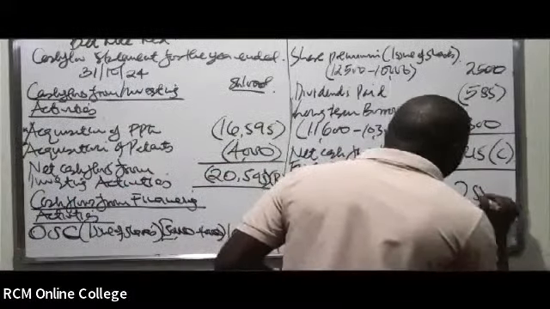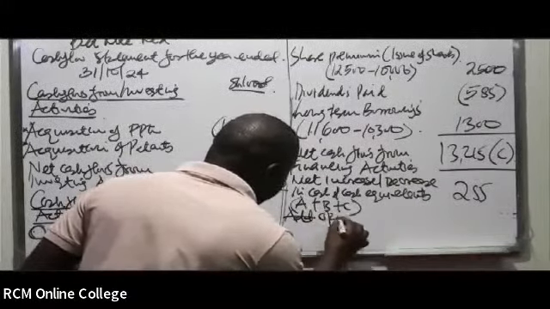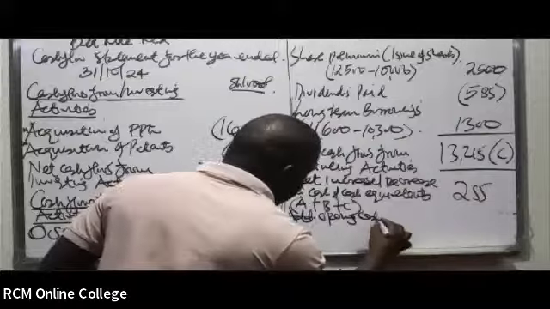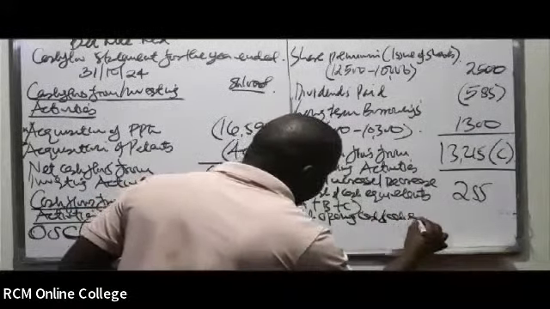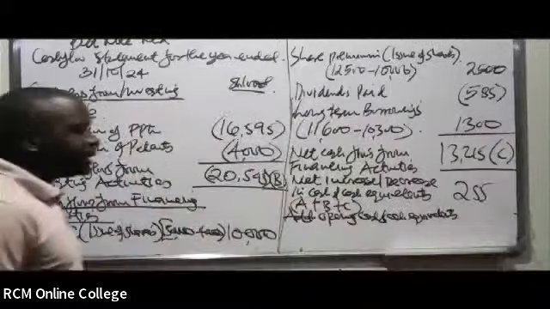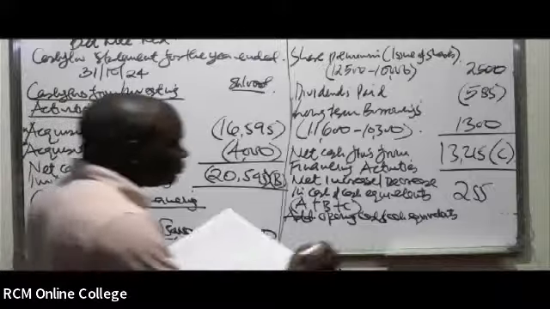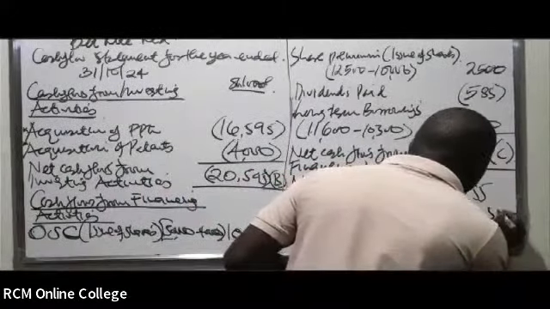So 255. What do we say? We add on the opening cash and cash equivalents. What is the figure for the opening? Millicent, add. The opening cash and cash equivalents is actually 2230.